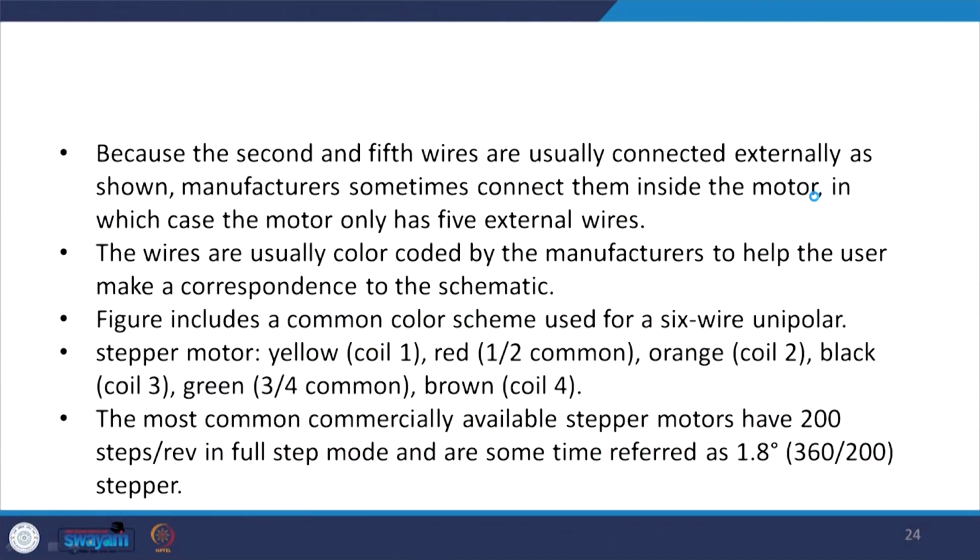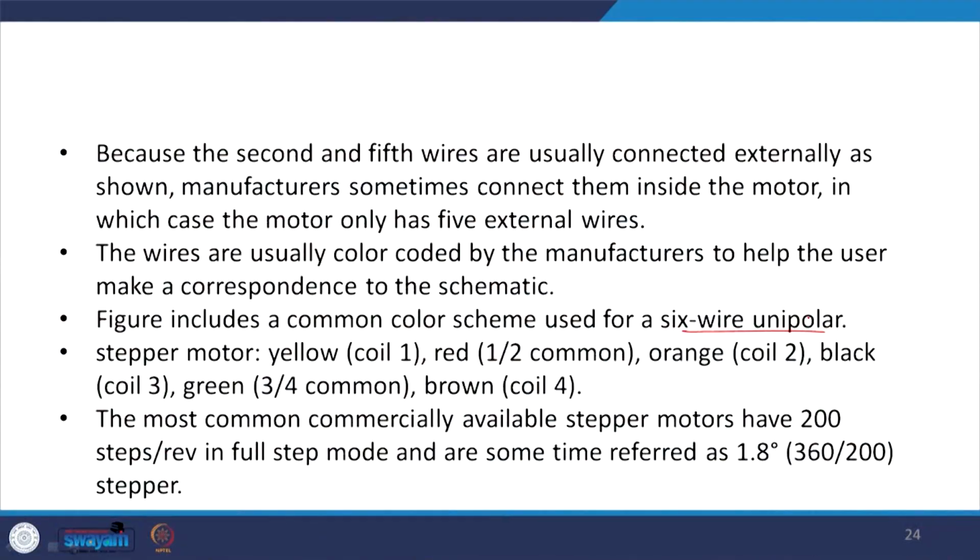The wires are usually color coded by the manufacturer to help the user make a correspondence to the schematic. The figure includes common color schemes used for, say, a 6 wire unipolar stepper motor. Yellow is coil 1, red is 1 or 2 common, orange is coil 2, black is coil 3, green is 3 or 4 common and brown is coil 4.